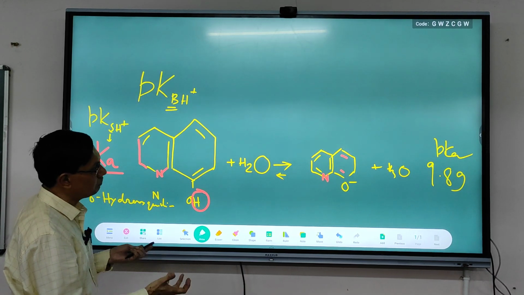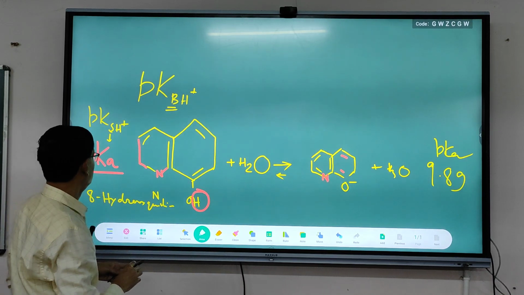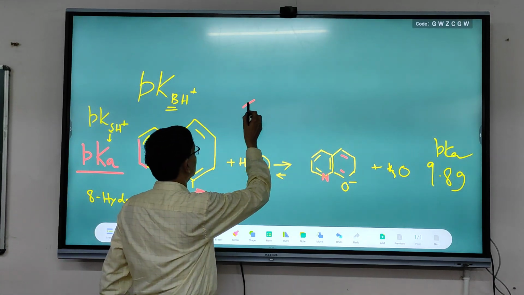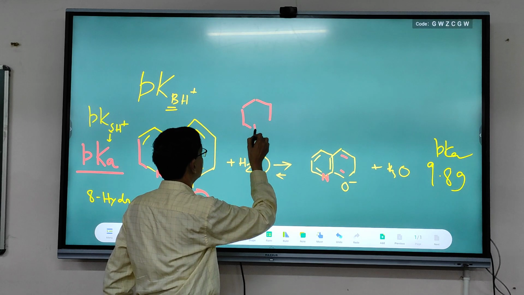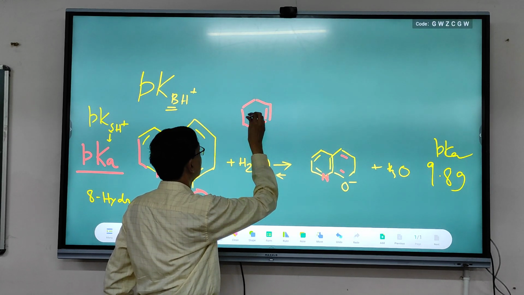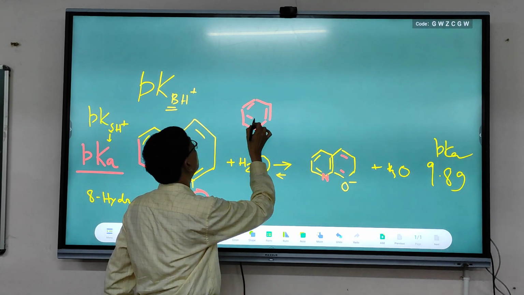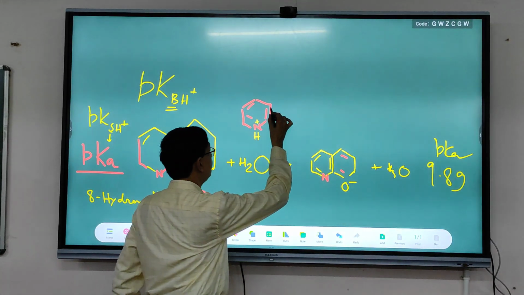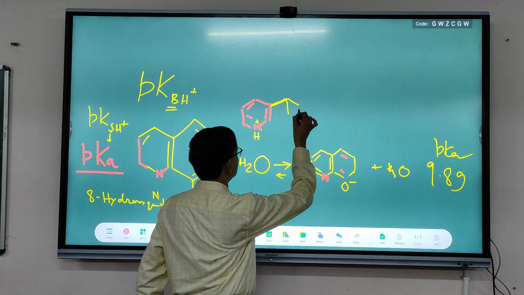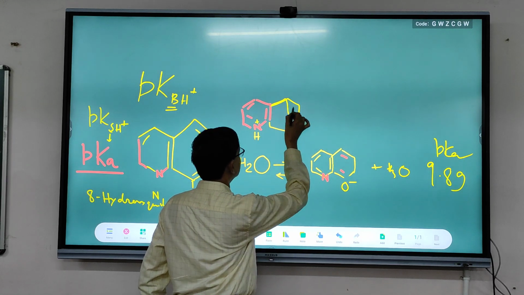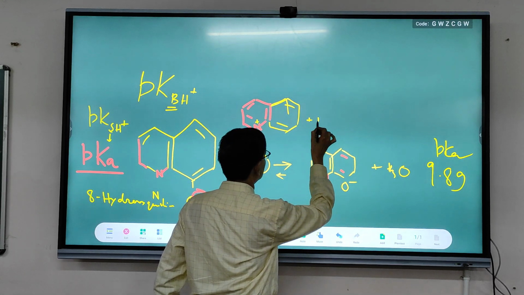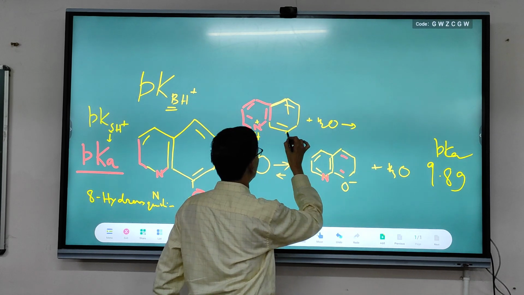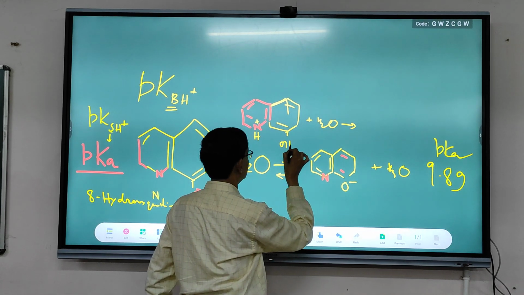And in the last question, I need the conjugate part of this 8-hydroxyquinoline. So the conjugate part means this is the conjugate part. Of course, water is also there.